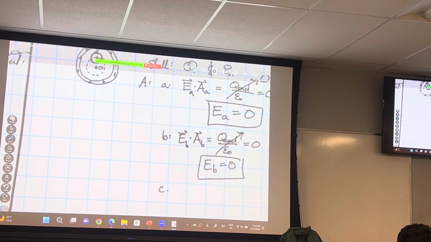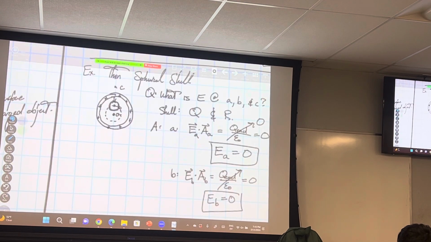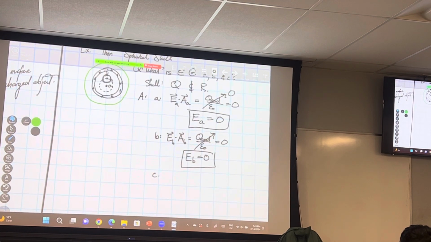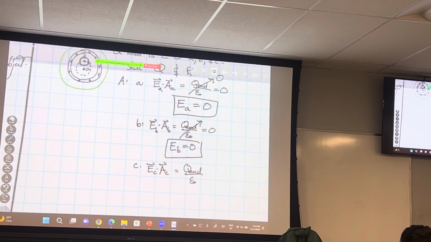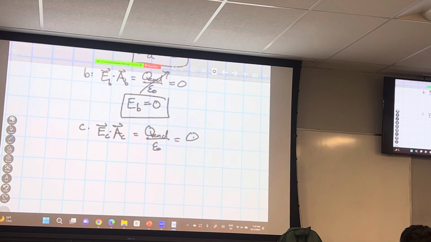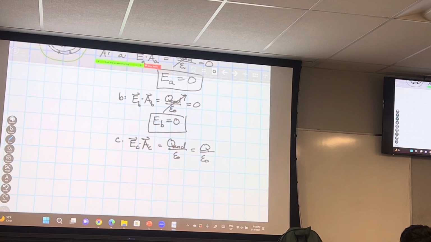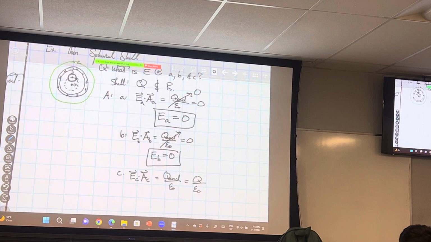All right, what about at point C? We want to use this sphere. And here, you would get E_C dot A equal to Q enclosed over epsilon naught. What charge is enclosed? This time there is something inside, which is Q. What is the surface area of our sphere?